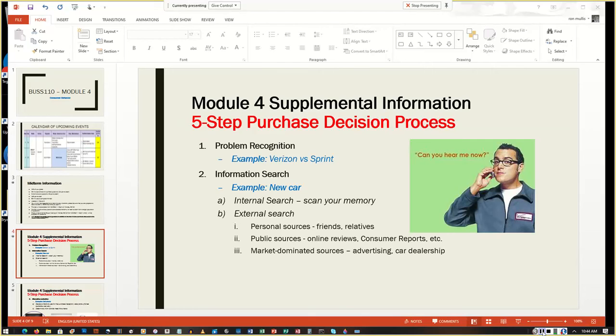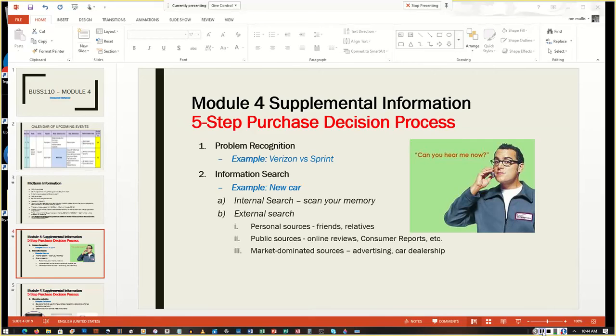The second type of search is the external search. The external search is conducted when a consumer does not have enough knowledge about the brand or product and there's too high of a risk of making the wrong purchase.